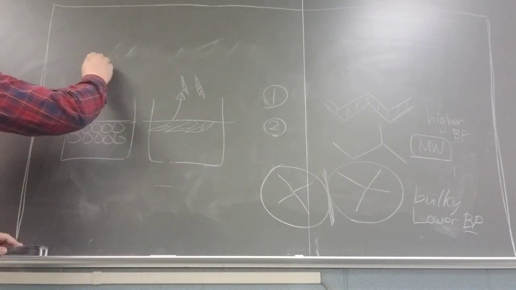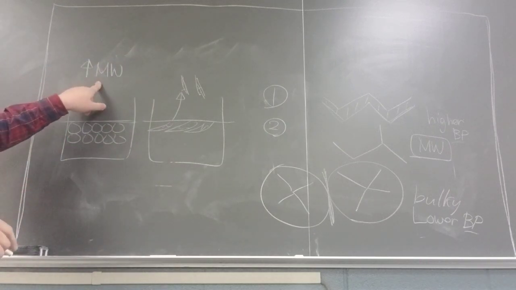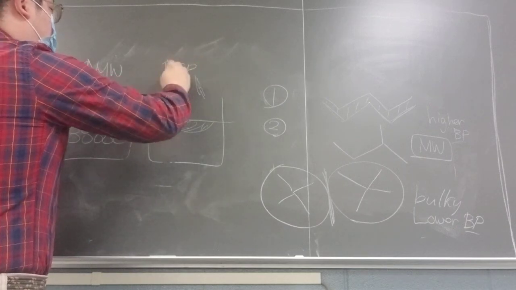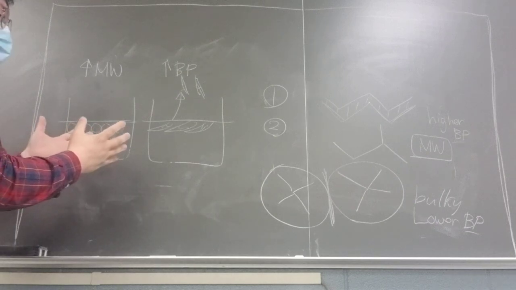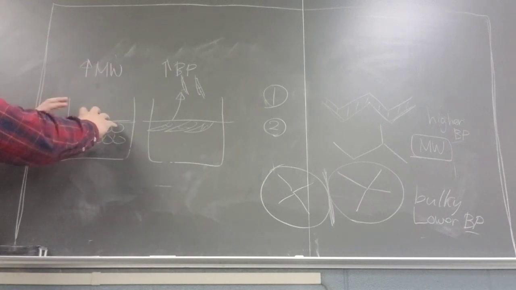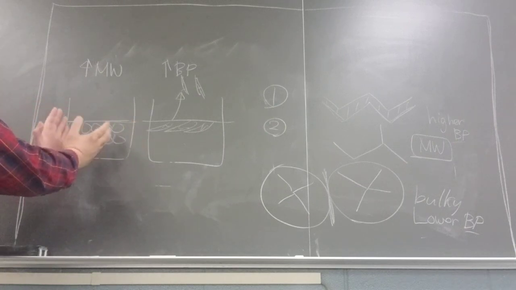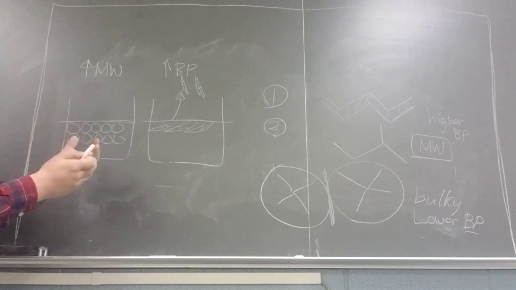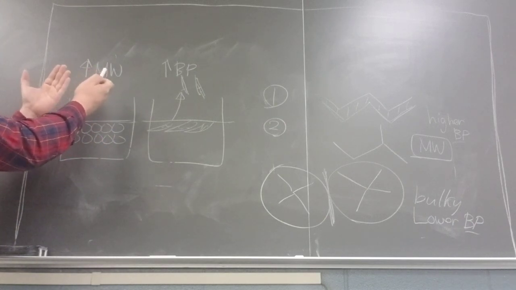That means that if you have a higher molecular weight compound, you're also going to have a higher boiling point because it's simply heavier. So it takes more interactions, kind of focused on the molecules, so you need more energy to make it go into the air in the gas phase.